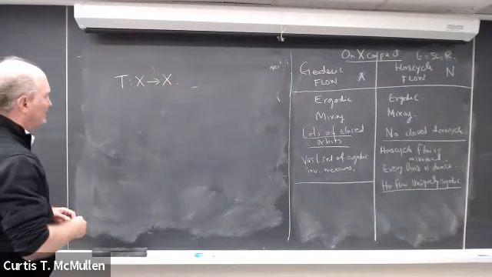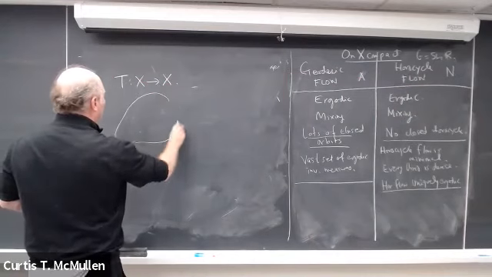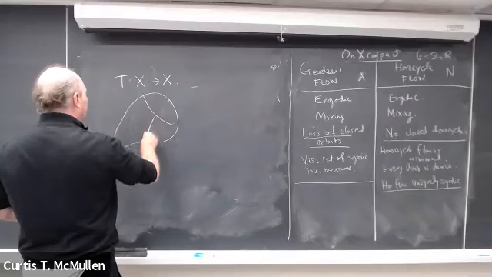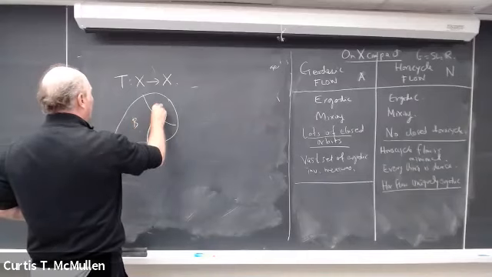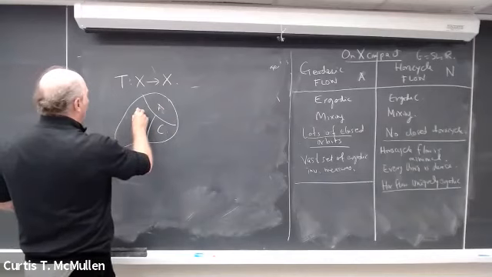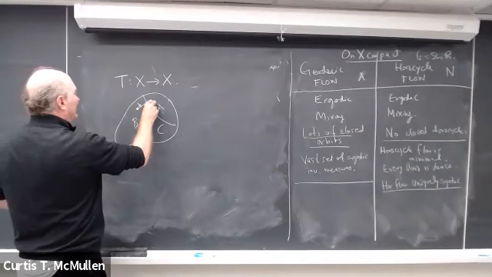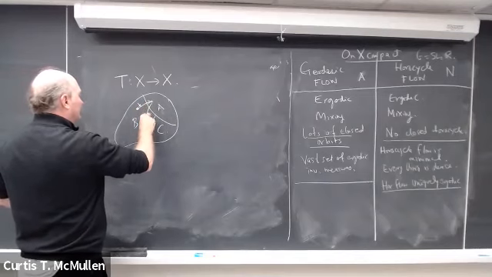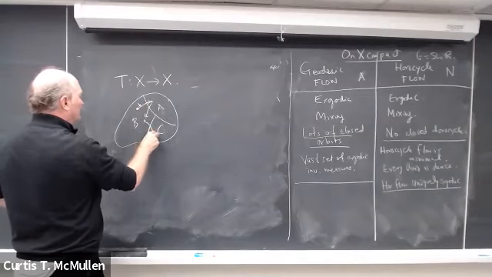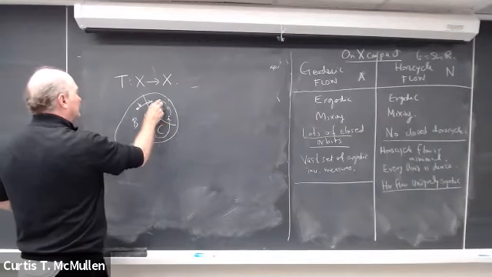Or there's also a topological notion here. So what we do is we take our measure space and we cut it up into a couple of pieces. And then whenever we have a point, x, we have its orbit, T of x, T squared of x, T cubed of x, etc. It goes marching around in our space.